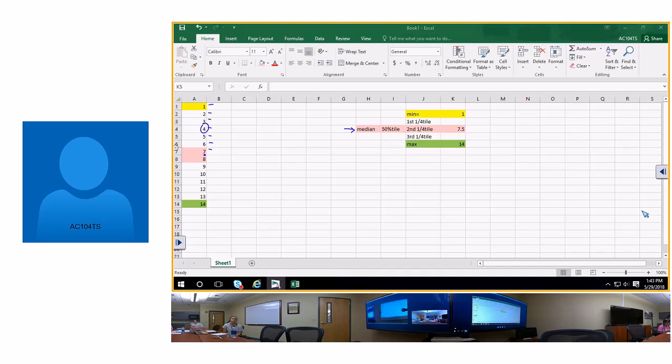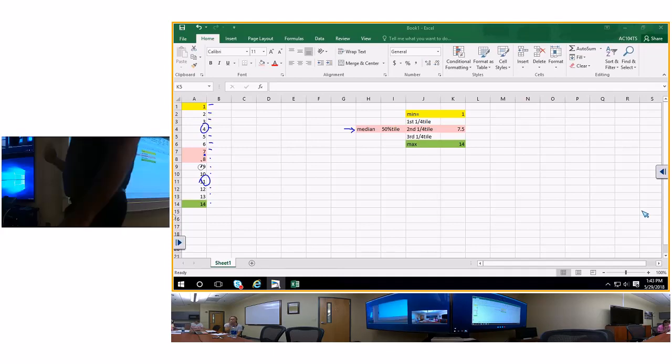Let's count the bottom. 1, 2, 3, 4, 5, 6, 7. Boom. That's why you have to be careful with this one, because if you don't put that little dot there, you're going to forget that the median is between them, and you're going to count above 7. Then you're going to get it wrong. So that's why it's important to count and put that dot there.